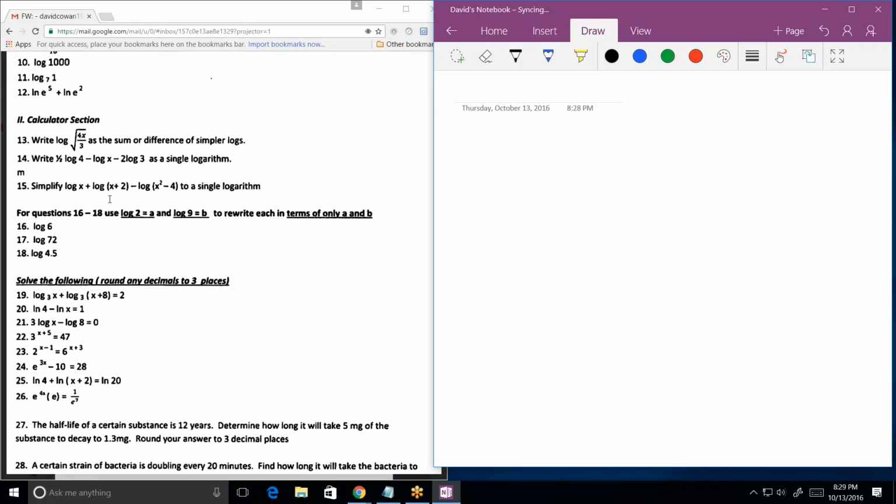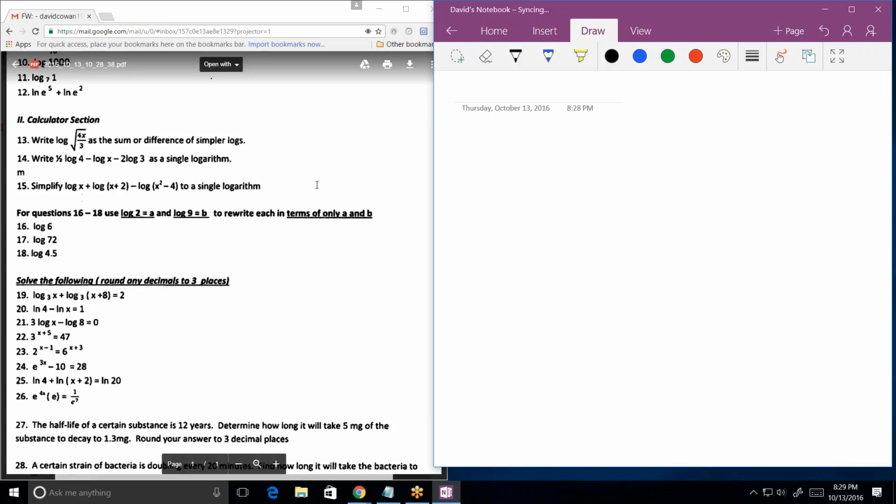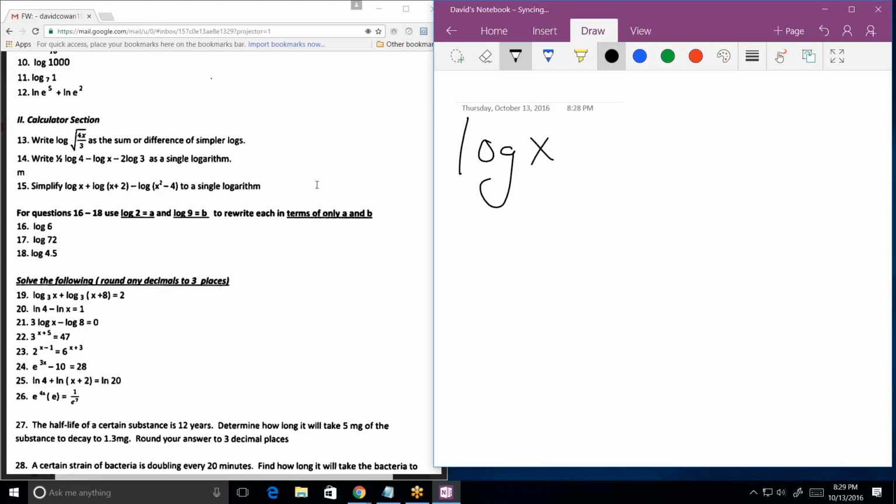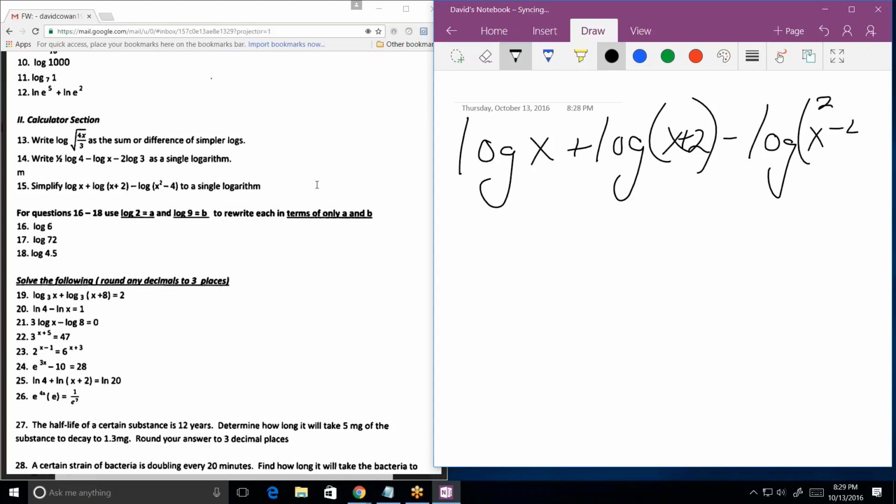Should we try one more of those? Let's do 15. Simplify. The log of x plus the log of x plus 2 minus the log of x squared minus 4.